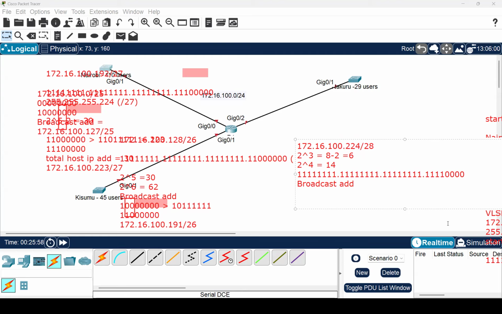To write that out in binary, 224 should be 1, 1, 1, which is 192 plus 32. So there should be those 3 bits, then 1, 2, 3, 4, 5. Then we write slash 28 also in binary.